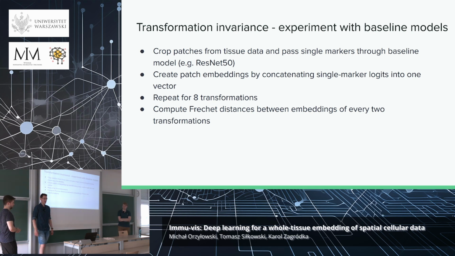So we generated these embeddings for single markers. Then we concatenated these single marker logits into one vector. We repeat this for 8 transformations, and then we compute the distances between embeddings of every 2 transformations.